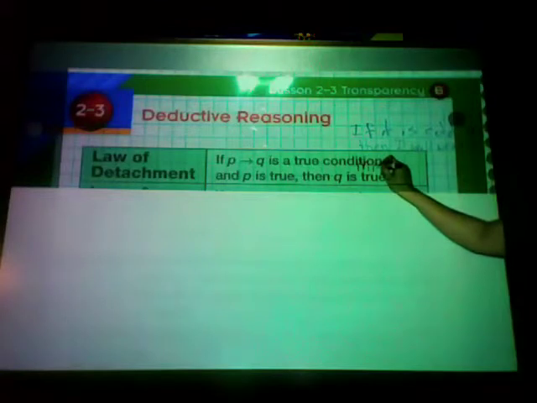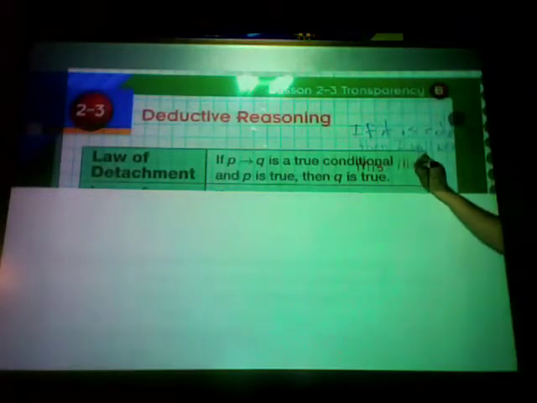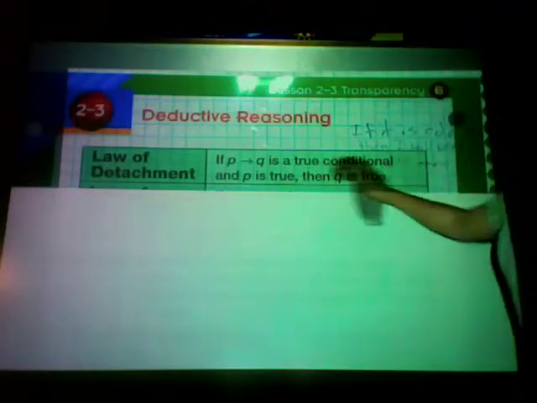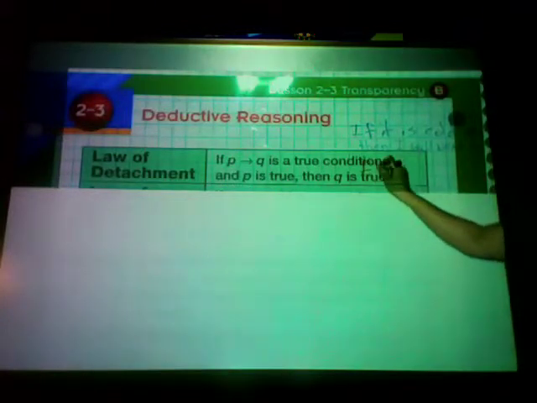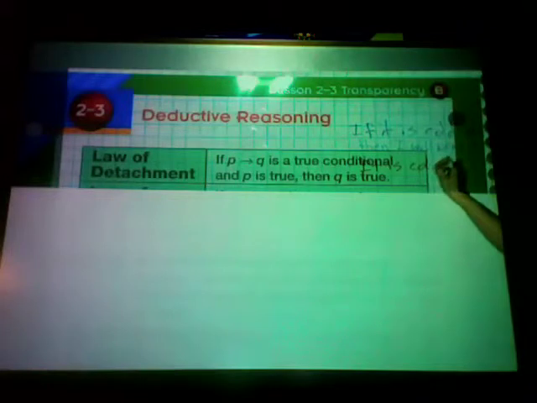Then what they're going to say is, they could say a couple of things. Where's my eraser? Ah, found it. You're going to see a partial conditional, just a partial conditional. You're going to see the hypothesis. So you're going to see it is cold outside.